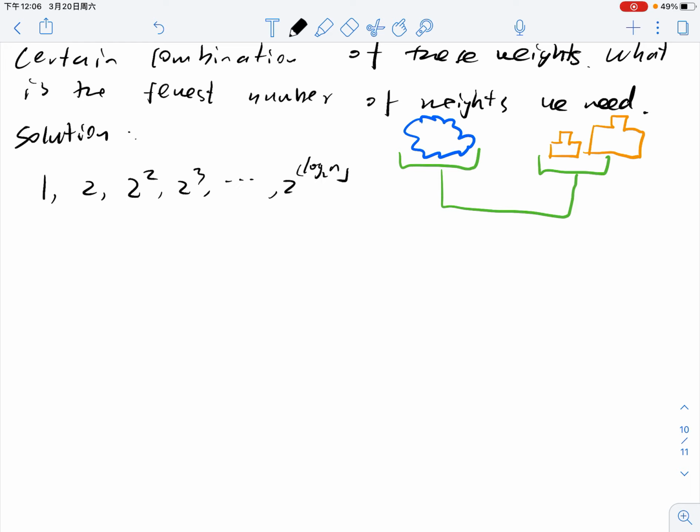Suppose your weights are as follows: 1, 2, 2 squared, all the way to 2 to the floor of log base 2 of n. Take the integer part, the floor of log base 2 of n. So you have in total floor of log base 2 of n, plus 1 weights.